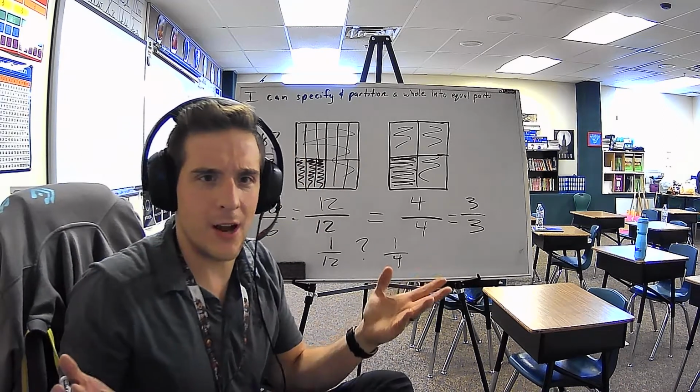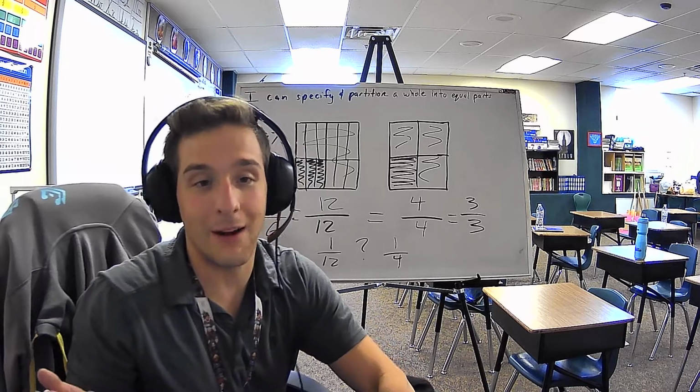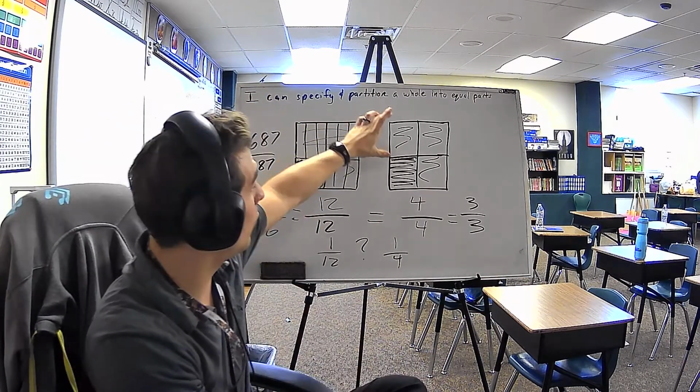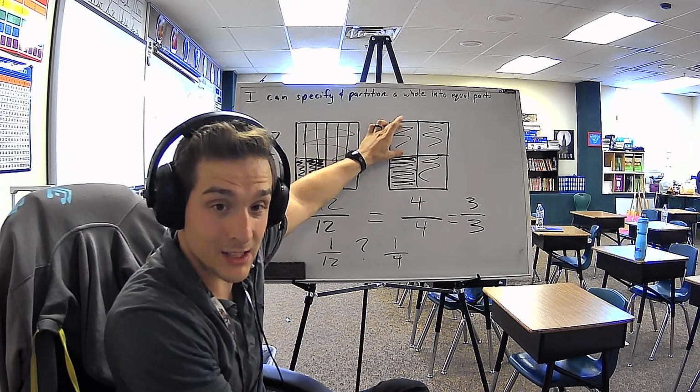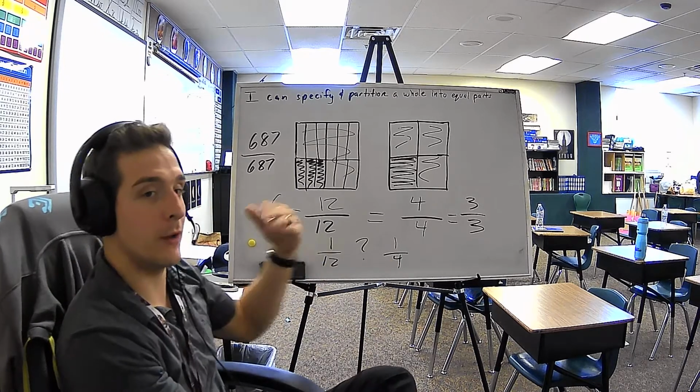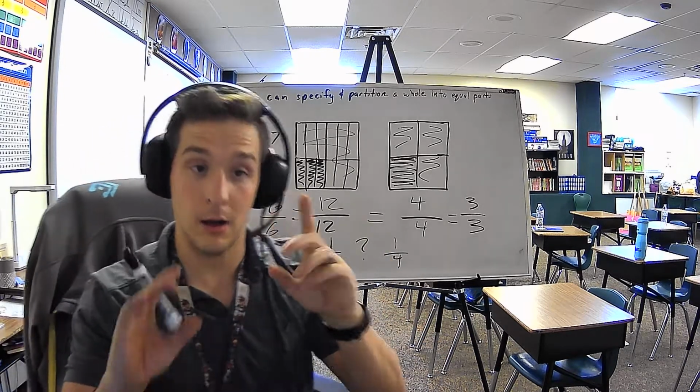But who doesn't like chocolate? Well, not everyone does, but you get what I'm getting at. If you want the bigger piece, you want to go for the piece that's larger. 1 out of 4 pieces is greater than 1 out of 12 pieces. Remembering that the whole is the same.